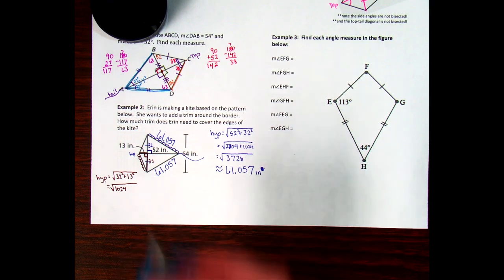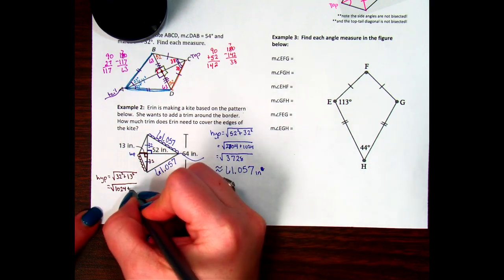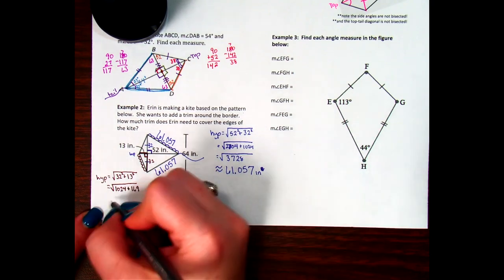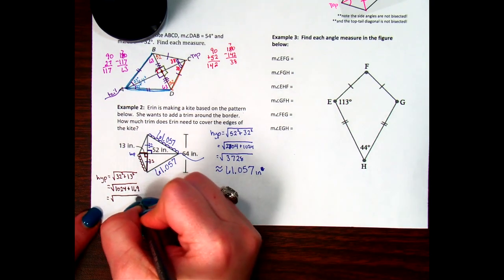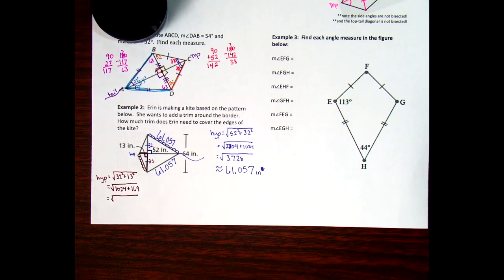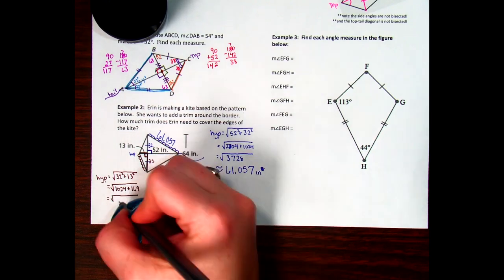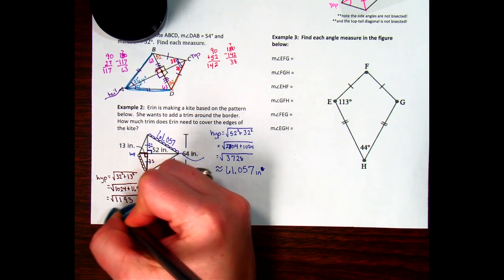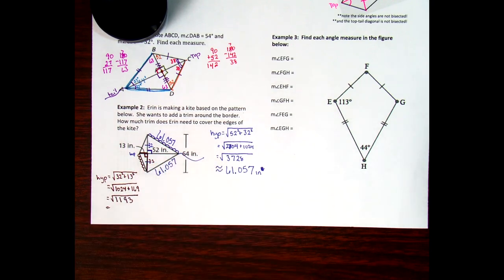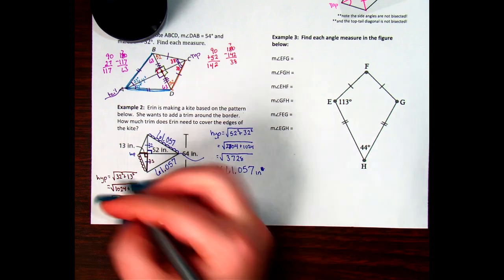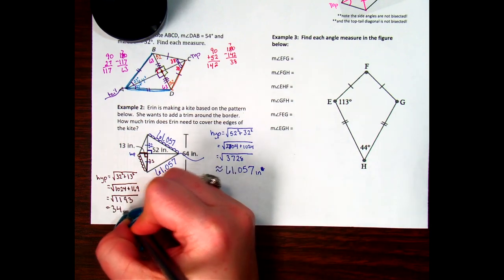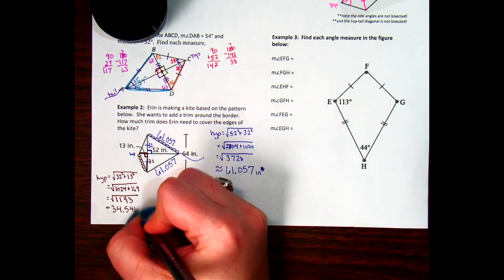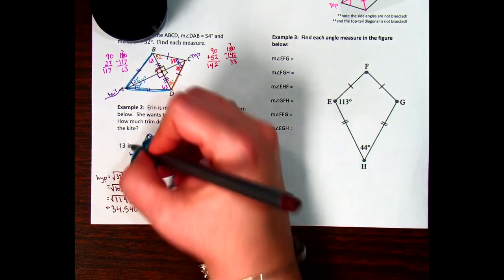And then 13 squared, 13 times 13, is 169. And then I add those two together and I get 1,193. And when I square root that, I get 34.5398. So that's actually going to become 34.540 for both of these.